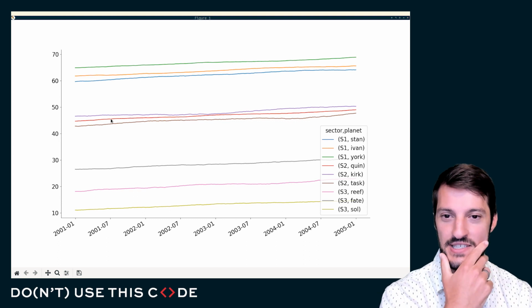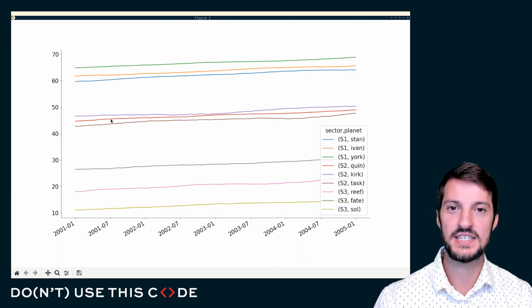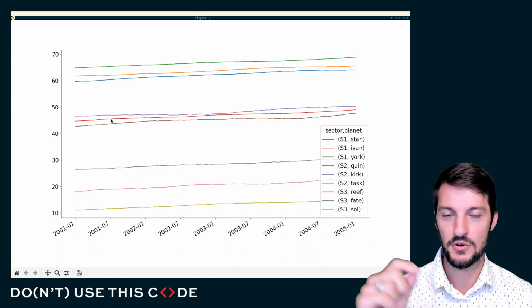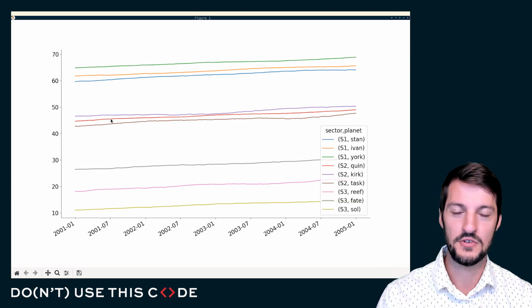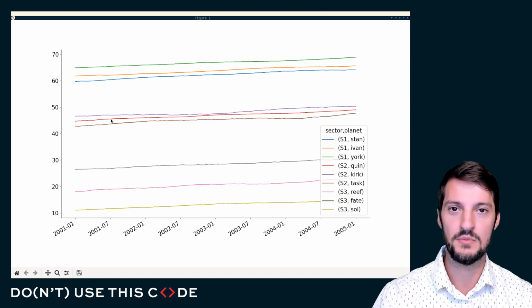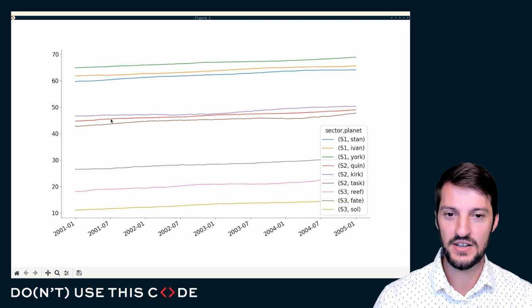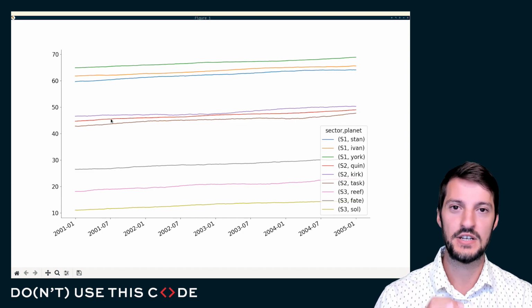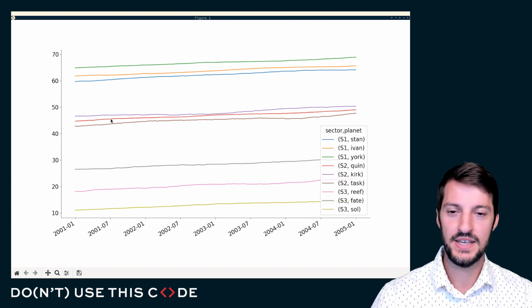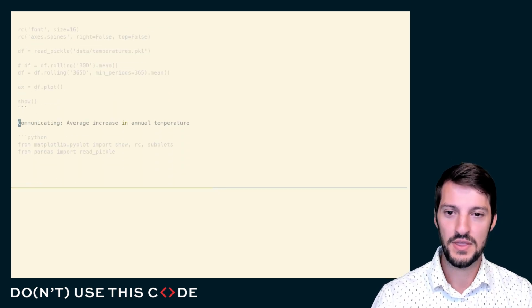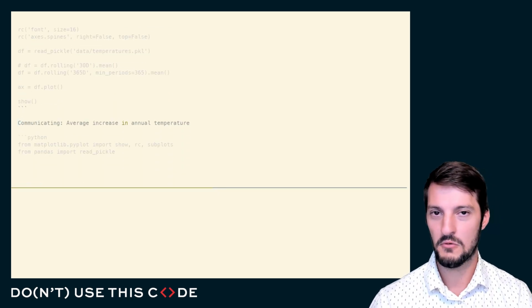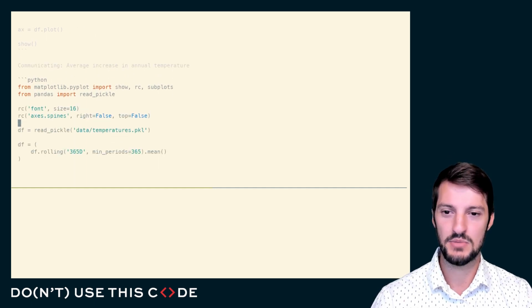Now what this does is remove that seasonality from the signal, where the early or later months were colder than the mid months. This lets me really start to dial in on the fact that all of these lines have a very slight slope to them. So let's see what we can do with that by communicating the average increase in annual temperature.